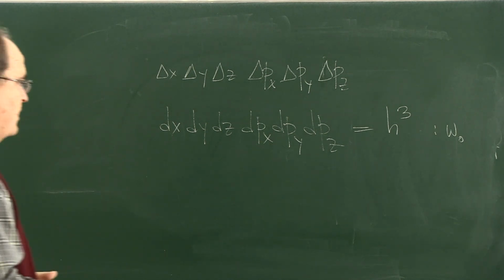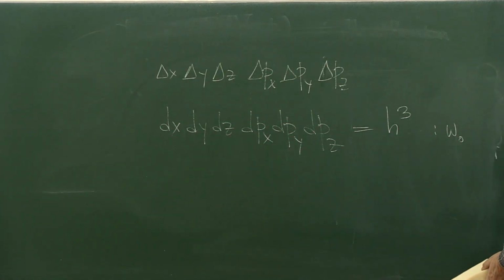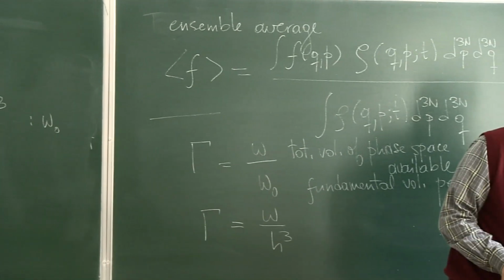So all I'm left with to get to the number of microstates available to your system is the volume of this phase space.